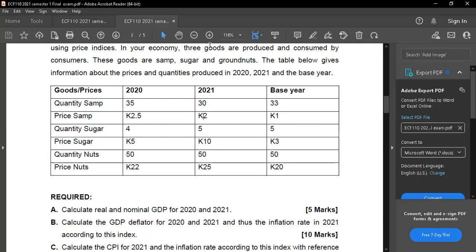So if you're calculating nominal GDP, nominal GDP is just GDP that does not account for the effects of inflation. GDP is calculated at current prices.